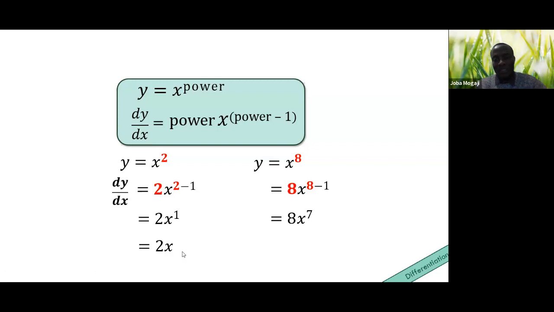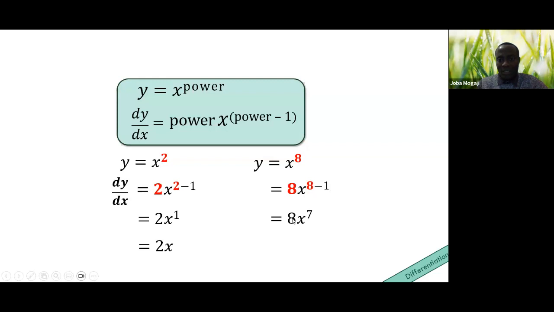Now let's take a look at this other example. In this example, we have y equals s to the power of 8. This 8, you bring it down here. Repeat s raised to the power of 8 again. Subtract 1 from it.